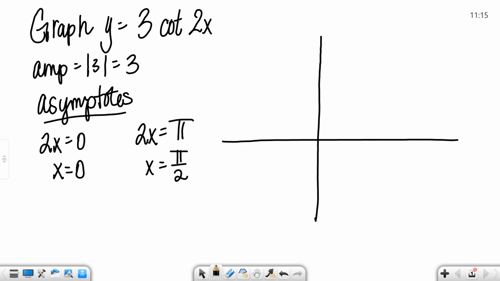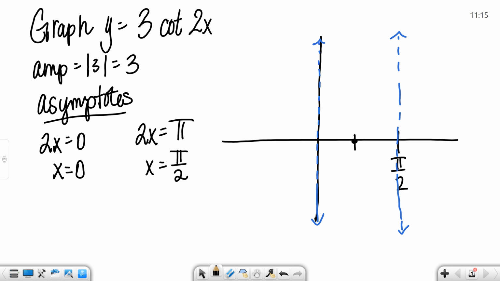All right, so let's draw. We know at 0 and at pi over 2, there are asymptotes. I'll draw my asymptotes in blue. All right, there are my asymptotes. Now I need to know some stuff that's going on in between. I know that halfway between I have an x-intercept.